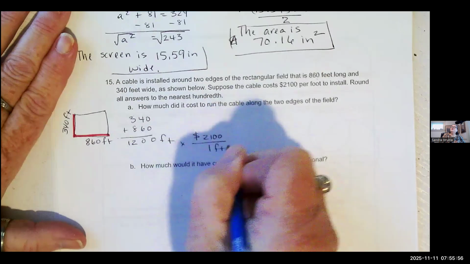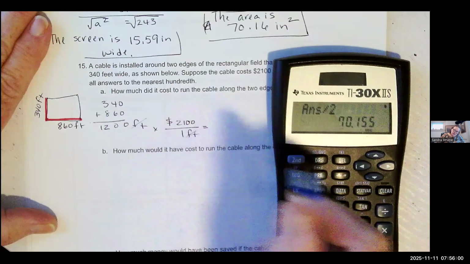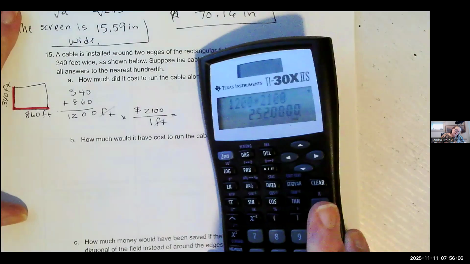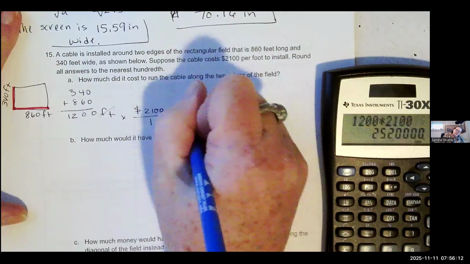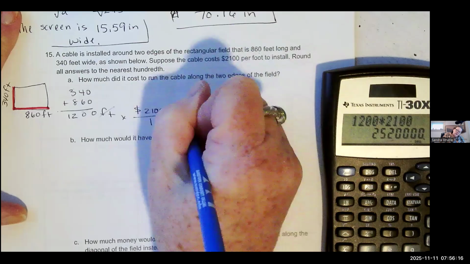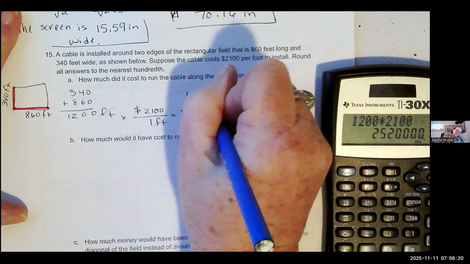A little bit of conversion here. 1,200 times 2,100 is 2,520,000. $2,520,000. Don't forget your unit. How much did it cost? It cost that much to run the cable.